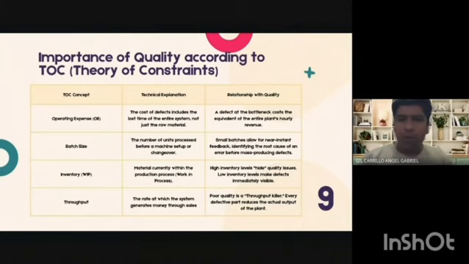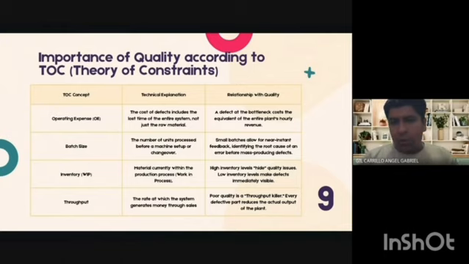Smaller batches provide faster feedback, allowing us to catch errors before they become mass production failures. Inventory WIP. High inventory levels hide quality problems. Lowering WIP makes defects immediately visible so they can be fixed.